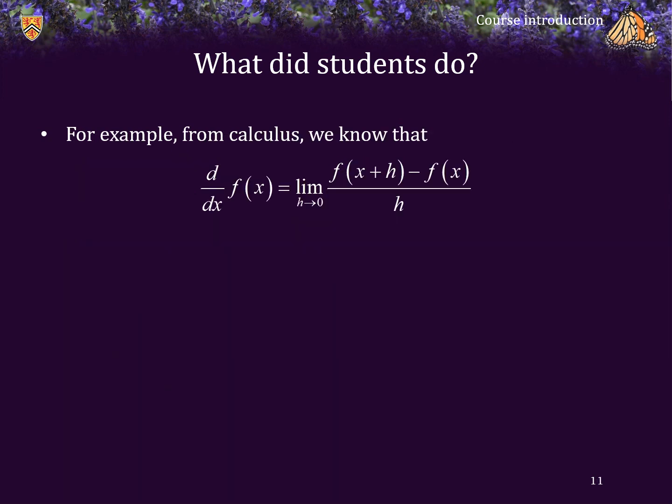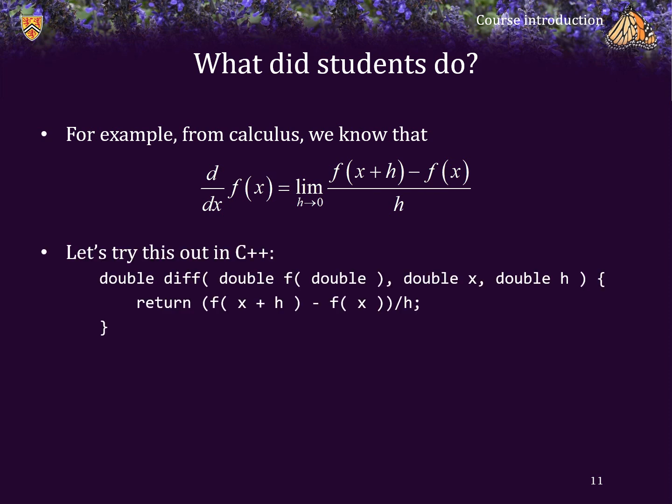Now, you'll recall, for example, that the definition of the limit is as follows. The derivative of f at x is a limit as h approaches 0 of the following ratio. We can actually implement the expression on the right-hand side as a function in C++. Here, the parameter f is declared to be a function pointer of a function that takes a double precision number as an argument and returns a double.